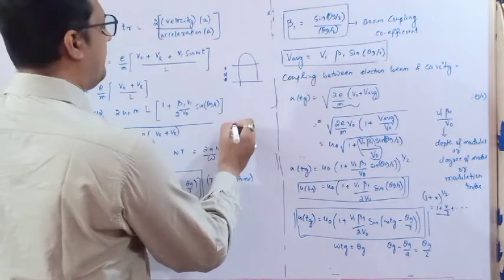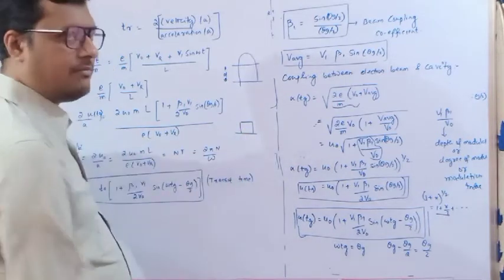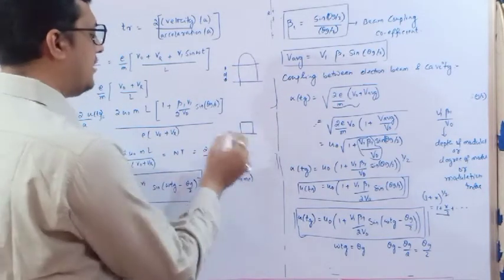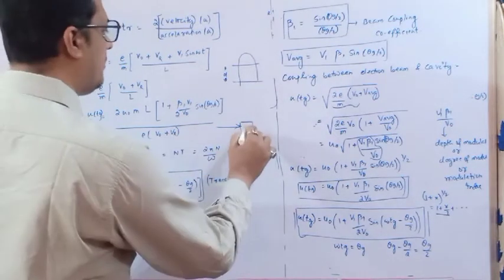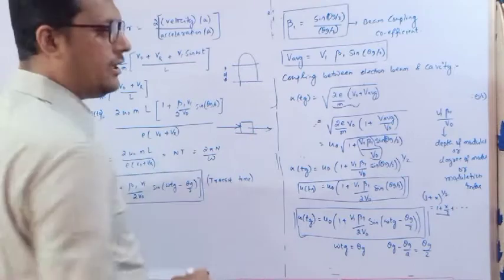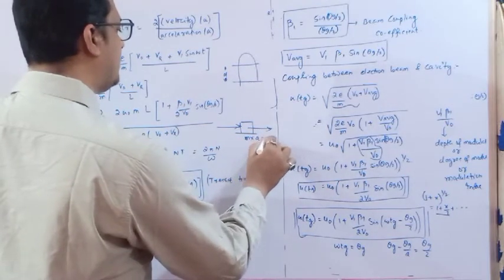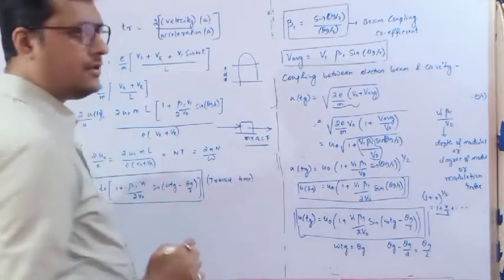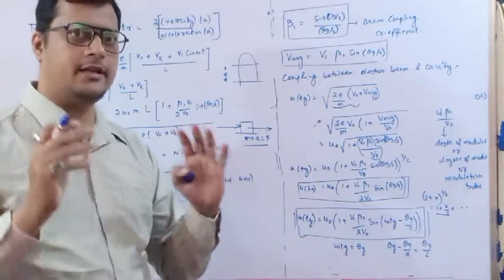Acceleration is identified with the help of a principle. Suppose this is an electron, for example, or an object. If I put a force on it, what will happen? It will move in this particular direction with a certain acceleration. So m into a is equal to F. Now m into a is for an object, but here it is an electron.